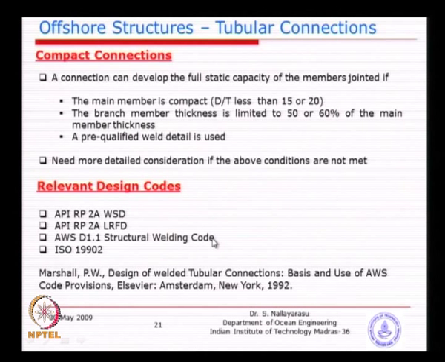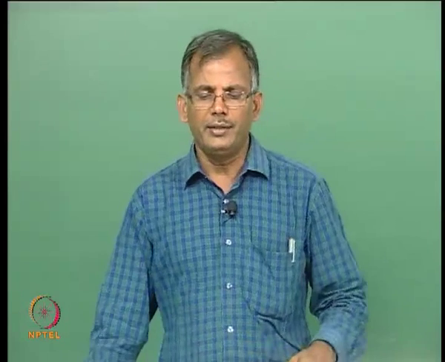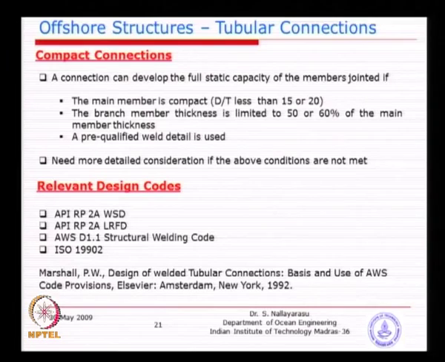In subsequent editions of AWS they introduced circular sections. In some places, such as many of the airports, you can see circular hollow sections also used, and then later it was adapted by the API codes, copied and modified, and almost all the work is coming from P.W. Marshall. He is one of the pioneers.